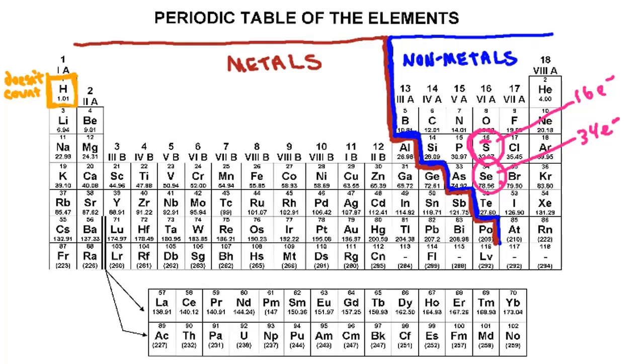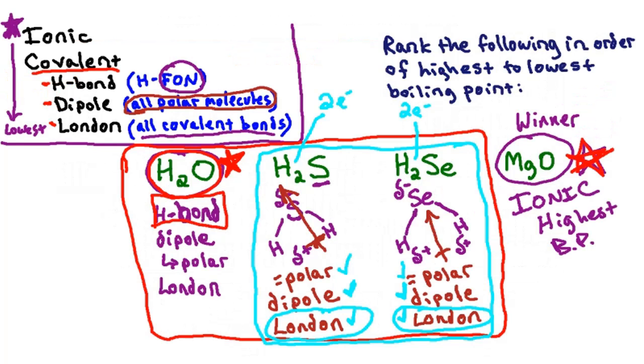So selenium wins in this. It has more electrons. So back to our page here, we have selenium with 34 electrons. And so this hydrogen selenide is going to have a higher boiling point than the hydrogen sulfide, the H2S.